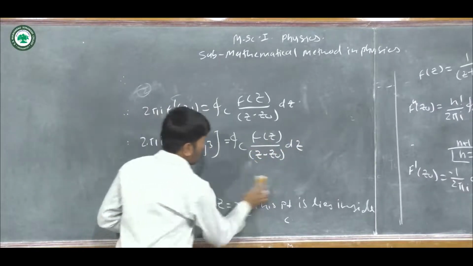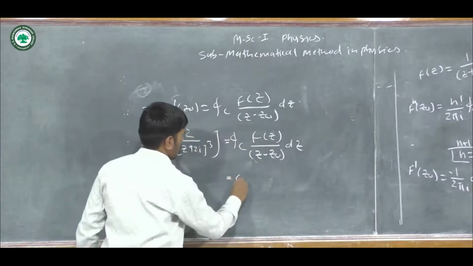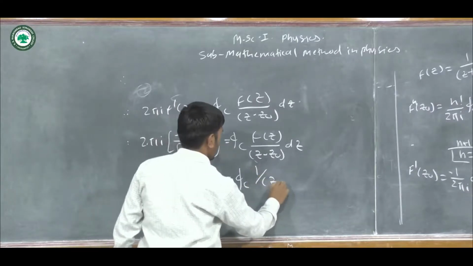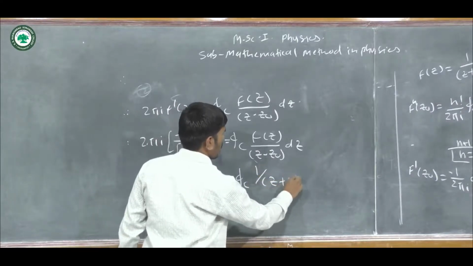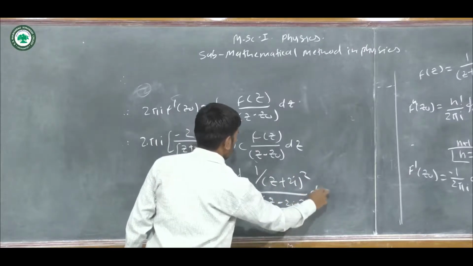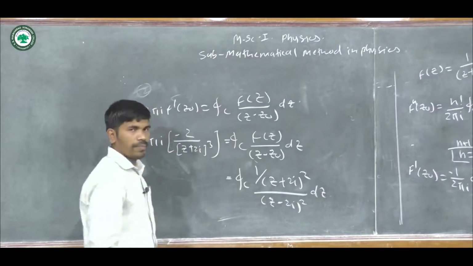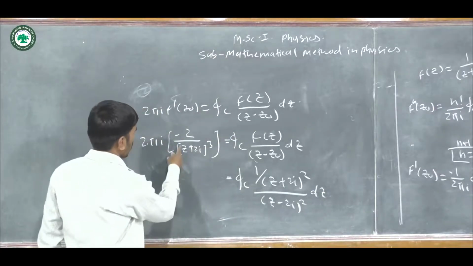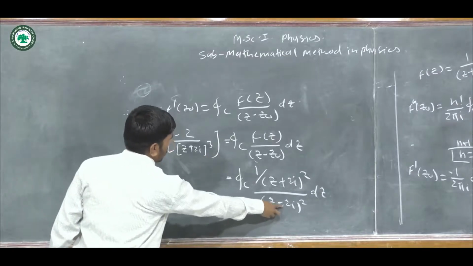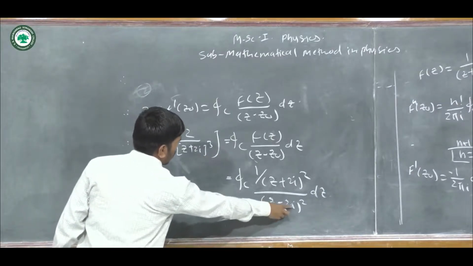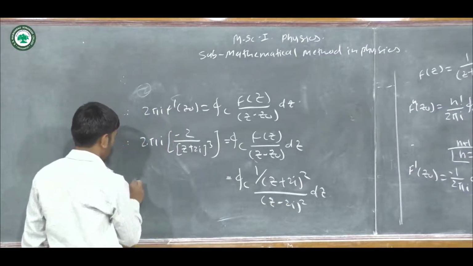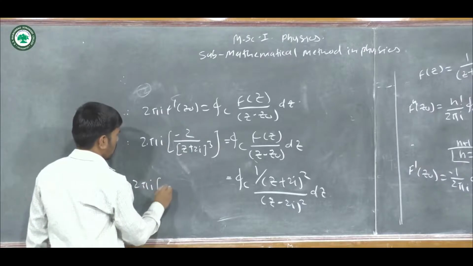Now what are f of z and z minus z naught? If I put them here, this is equal to the closed integral over C of 1 by (z plus 2i) whole squared, divided by (z minus 2i) whole squared, dz. Here z is equal to 2i.